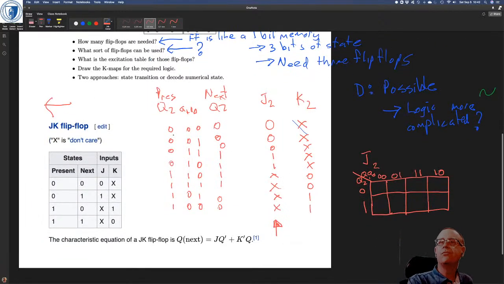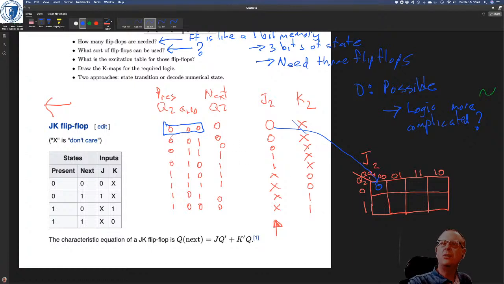For this first one, we want to look at these three, and let's use a blue color. They tell us it's this box here on the Karnaugh map, and the entry for J2 is a 0.